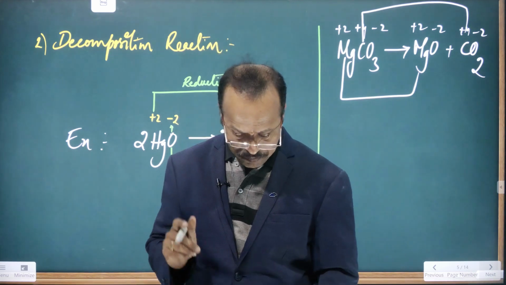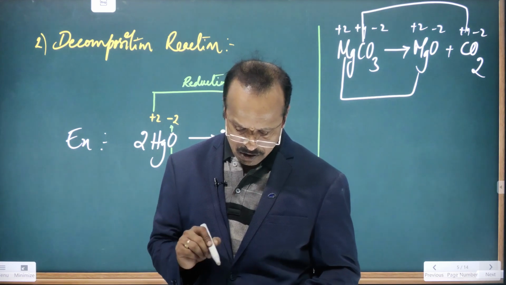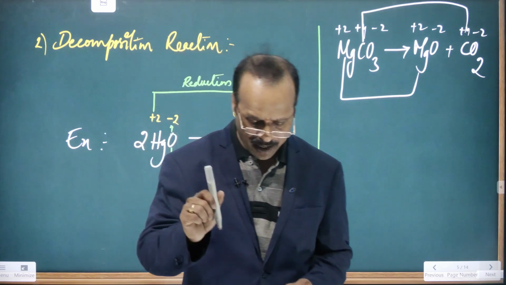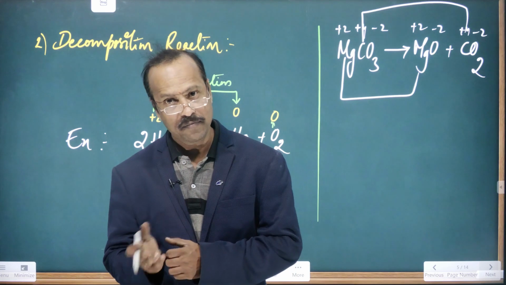Now next one, you see intramolecular redox reactions. What is an intramolecular redox reaction? The redox reaction in which one atom of the molecule is oxidized and another atom of the same molecule is reduced.